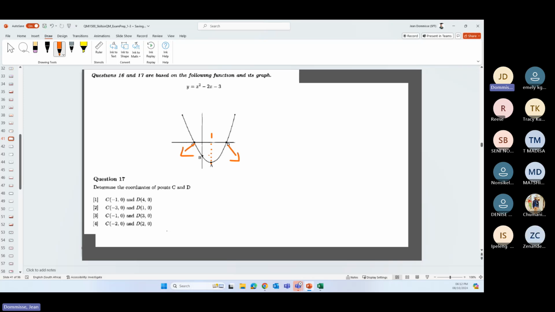Okay, so let's quickly check. That point was 1 and minus 4. All of these points are lying on the y is equal to 0 line.